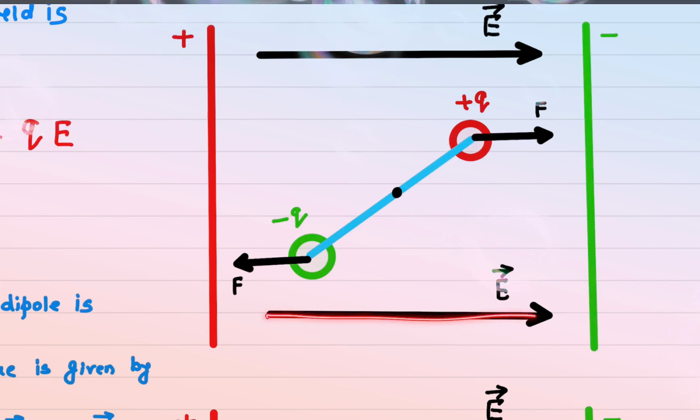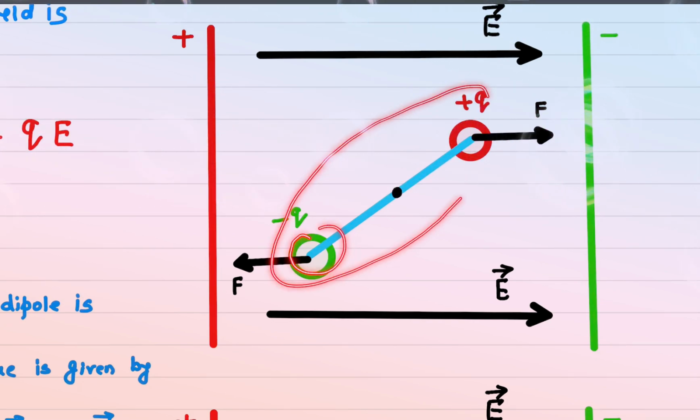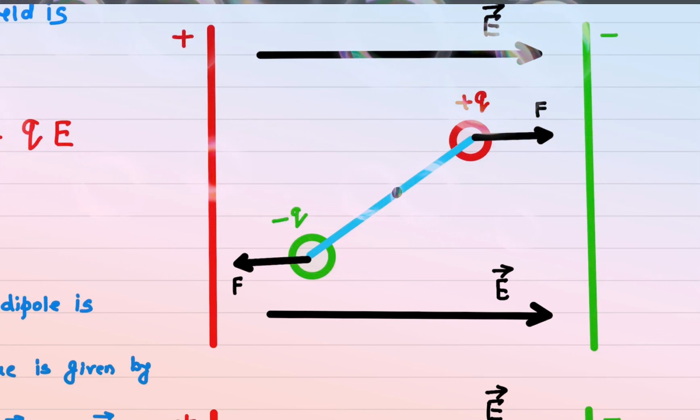This arrow shows the direction of the electric field, and here we have placed the dipole. This will be the direction of the dipole, p vector, that's the dipole moment direction.